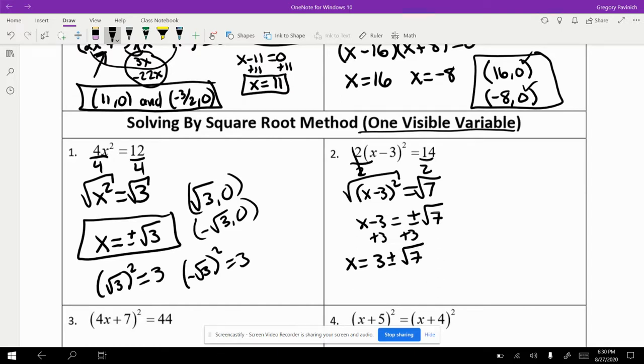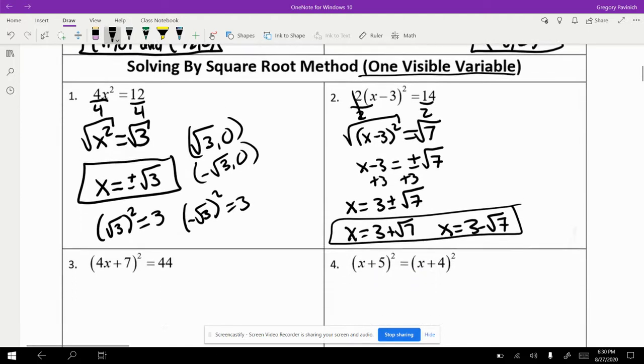So how do we split this up into the two solutions? x is equal to 3 plus the square root of 7, and x is equal to 3 minus the square root of 7. There we go. And if I wanted to write comma 0, I could, but I don't feel like it.